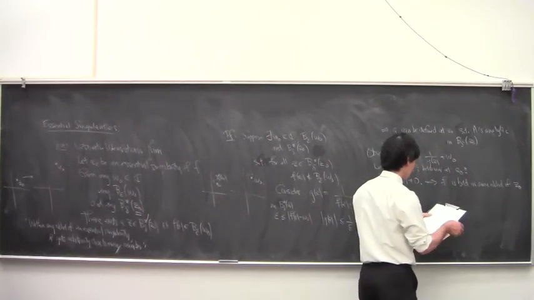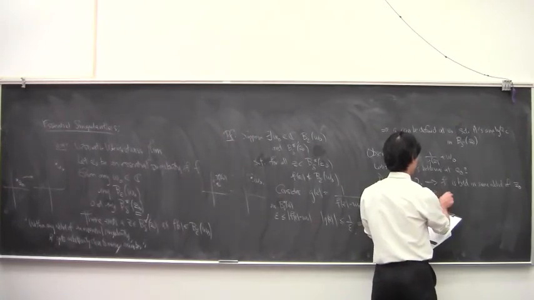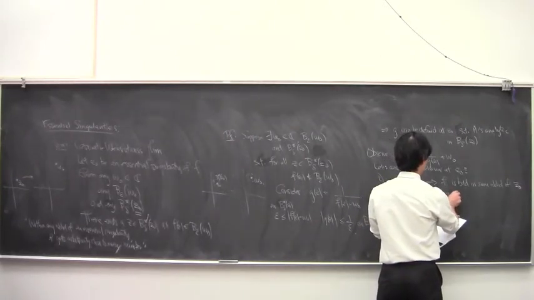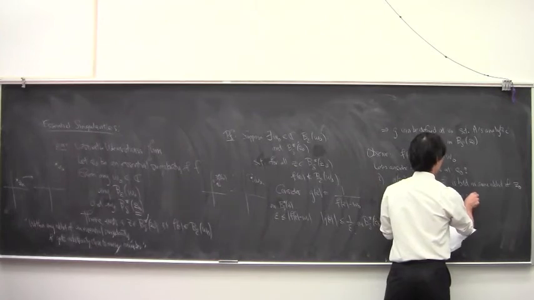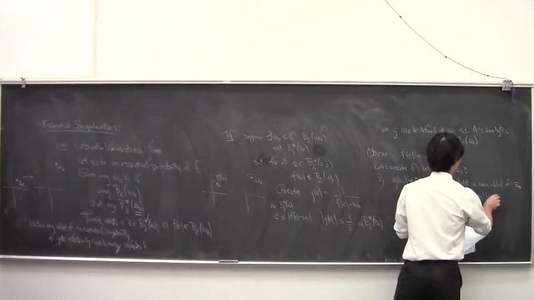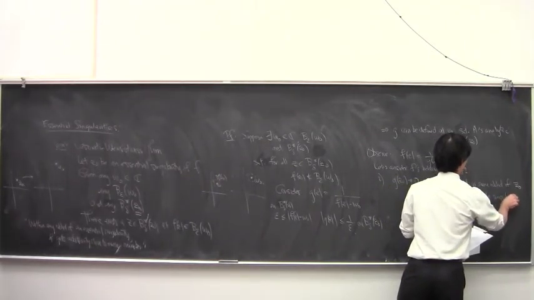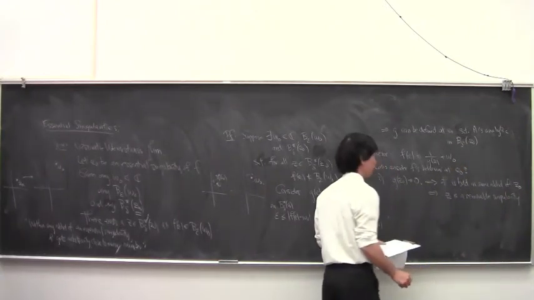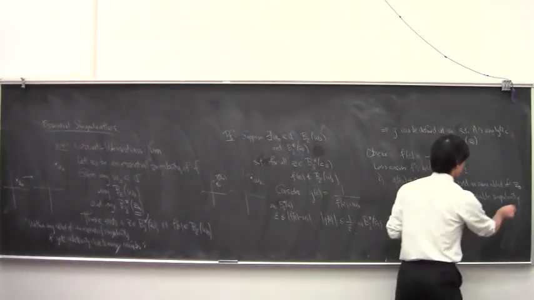But what does that say? That tells you that z naught is a removable singularity. But it was an essential singularity, so that's not possible.